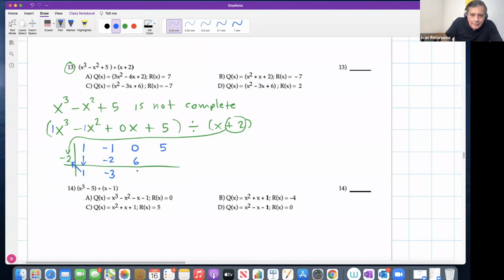Add 6. 6 times -2 is -12. -12 add -7. Good. Separate the last number from the rest. This is the remainder. This division was not exact. So what should be the answer? Answer should be the quotient and the remainder.